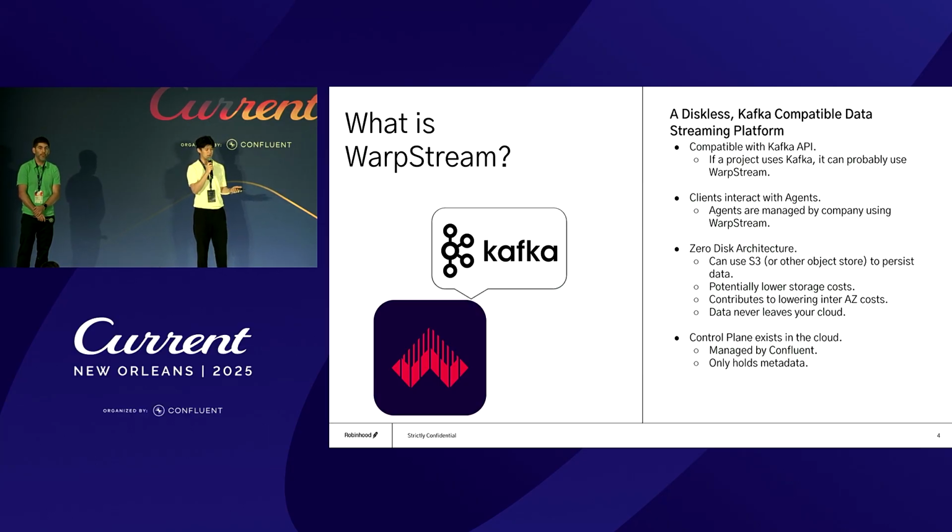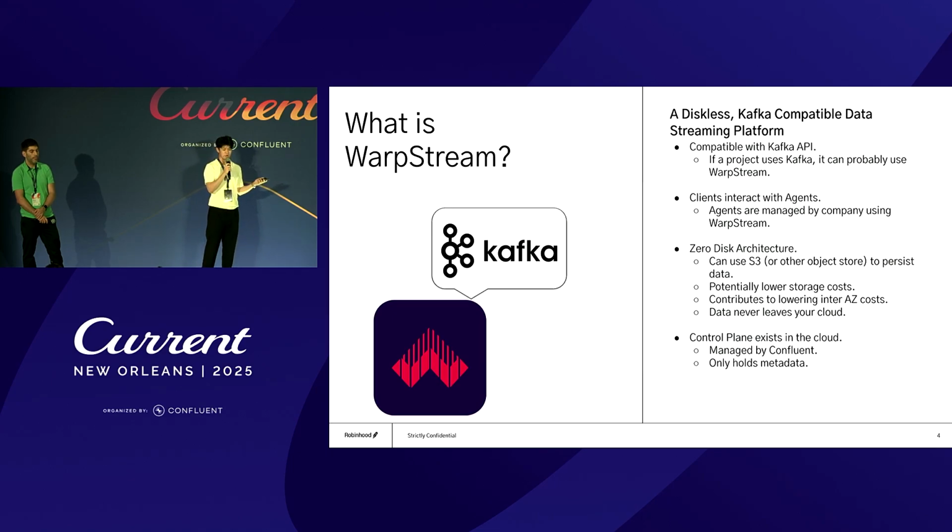If we take a traditional Kafka broker, we have your storage volumes on the broker. Instead, WarpStream opts to separate that out, and it uses blob storage, such as S3. This gives a zero disk architecture, which provides some benefits.